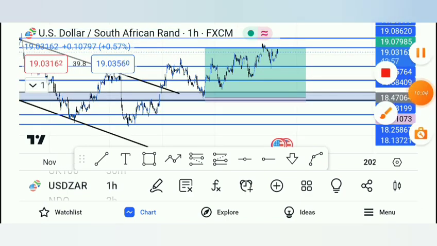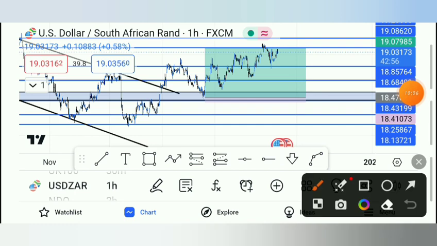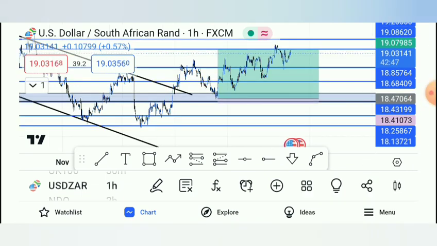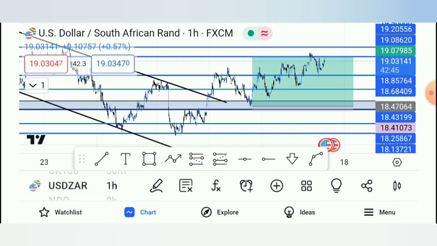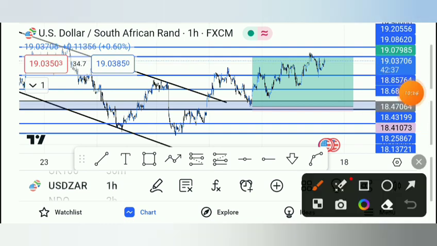Let me tell you why I did not enter here, and I waited for the market to come to this point and reach my entry point. I knew that price was going to manipulate. So the scalpers took a chance here. The scalpers had a valid chance. Me, I'm a long-term trader.